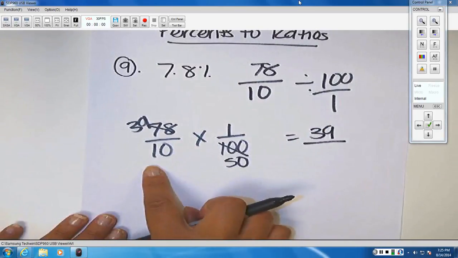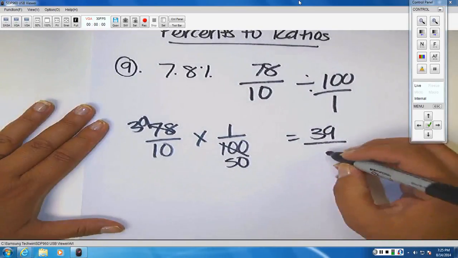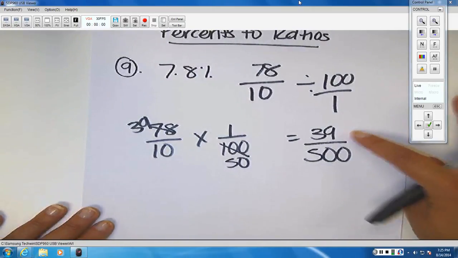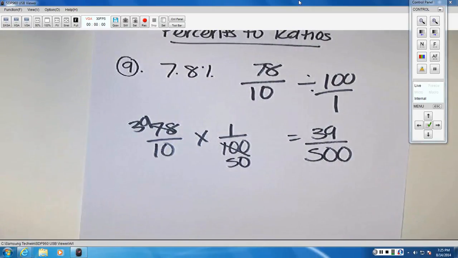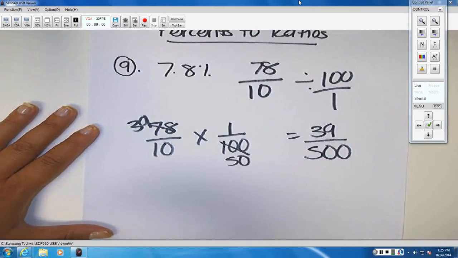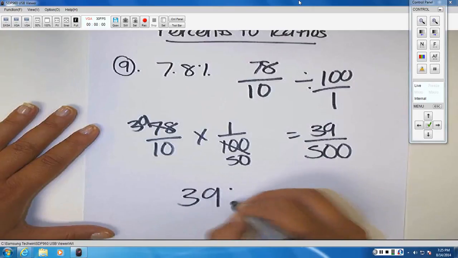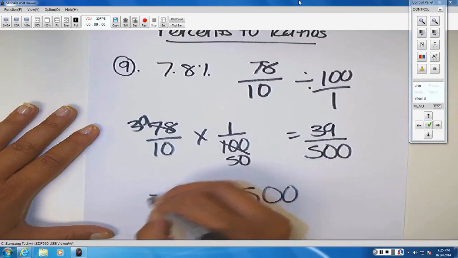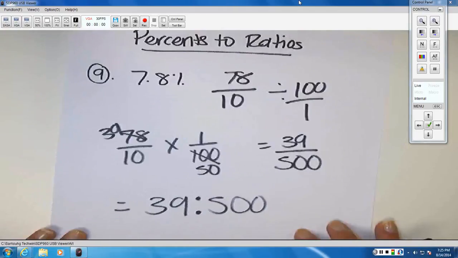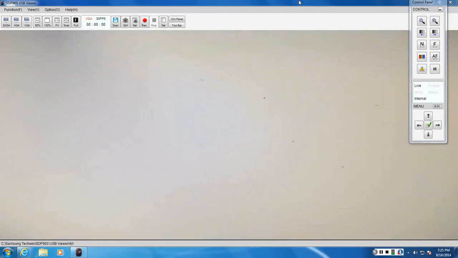And 10 times 50 is 500. I believe that 39/500ths can't be reduced any lower. So this is my simple fraction that I'm just going to flip now into a ratio. 39:500 is your answer. Okay? All right, now let's move on.